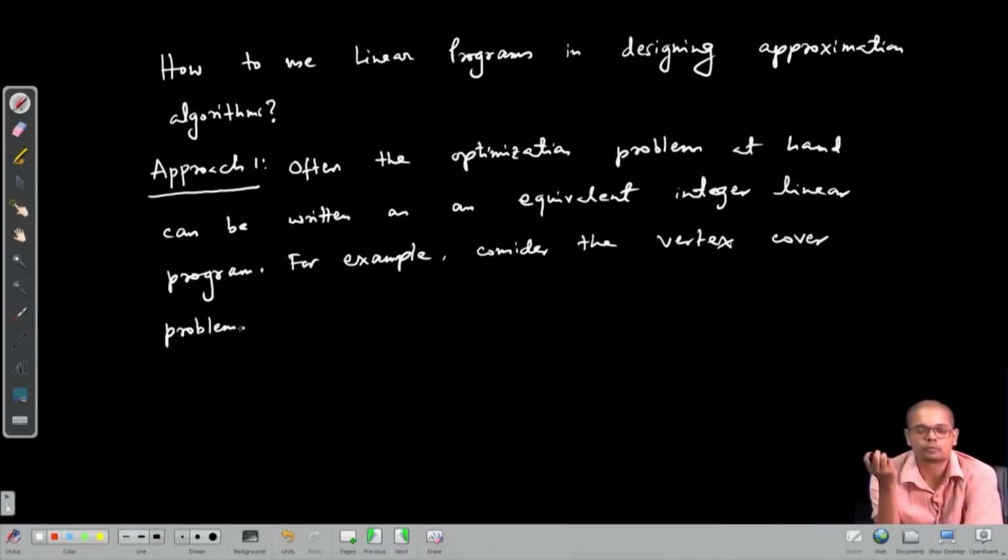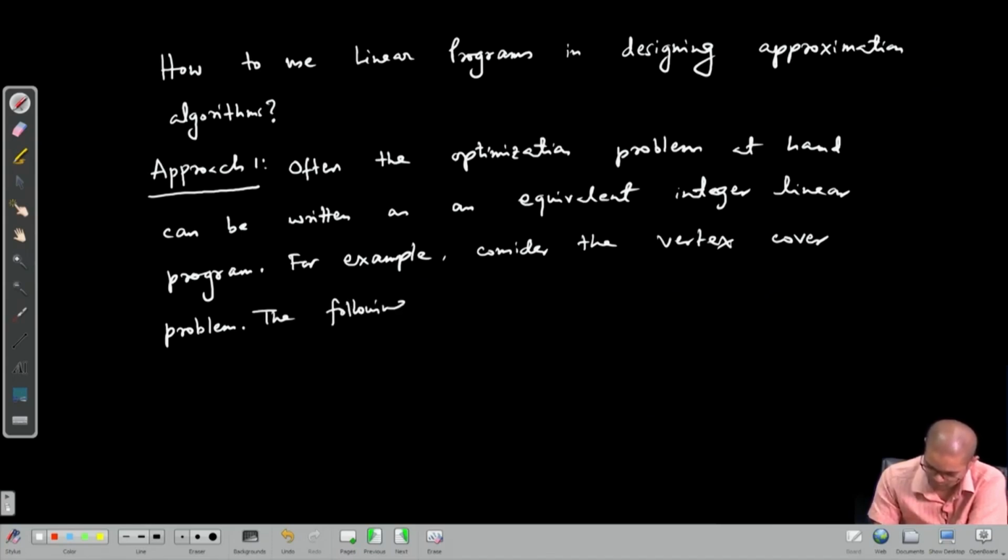Recall, in the vertex cover problem, we are given a graph G and we are looking for a vertex cover of minimum size. The following integer linear program captures the vertex cover problem.